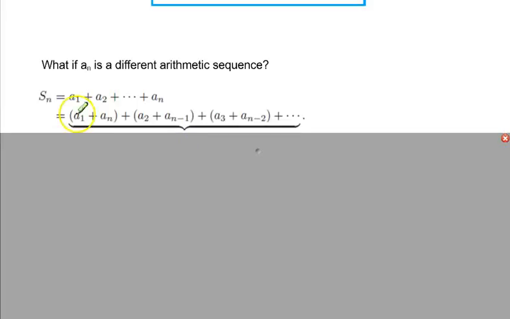Well, let's take a look at the pattern. Let's take a look at the first and the last, which is a1 plus an. Let's take a look at the second and the second to last. Okay, and let's look at the third and the third to the last. And what does that equal? Well, let's rearrange some things to get a better idea.